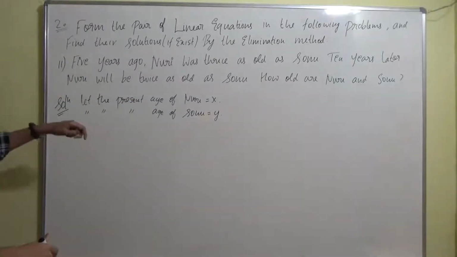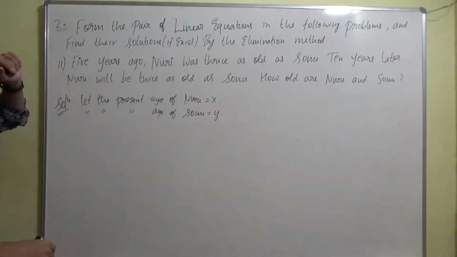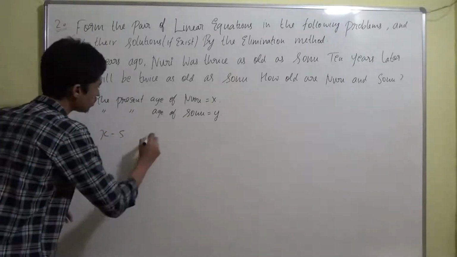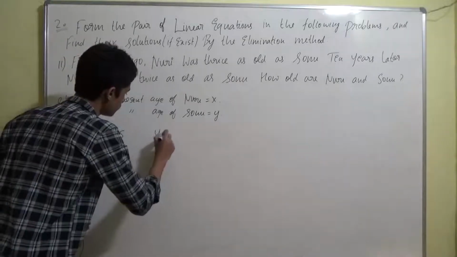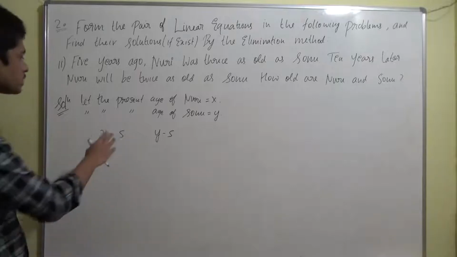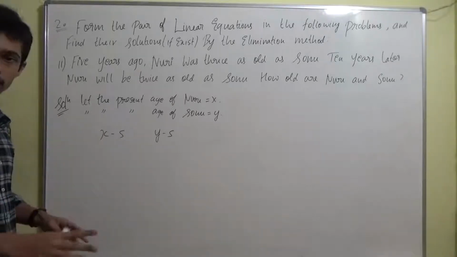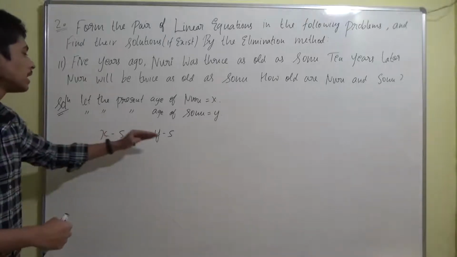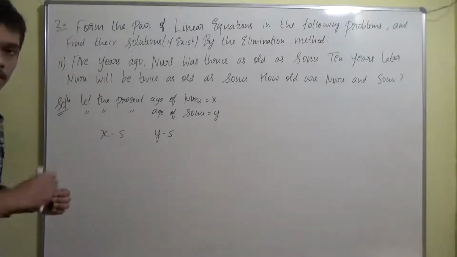Now going by the conditions, 5 years ago Noori was thrice as old as Sonu. So 5 years ago means first we'll do X minus 5 and also Y minus 5, because 5 years ago means it's going to be the present age minus 5 years for both. Time is the same for everyone, which means 5 years ago X was also minus 5 years and even Y was 5 years less than the present age.